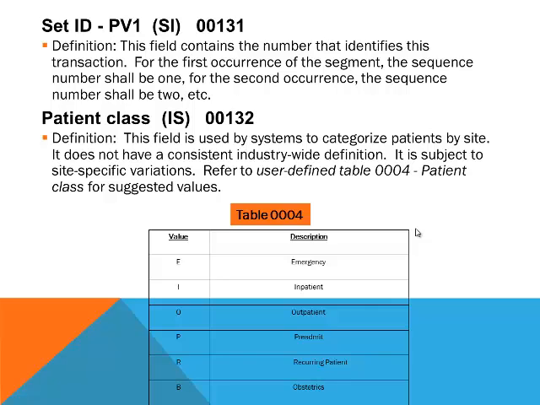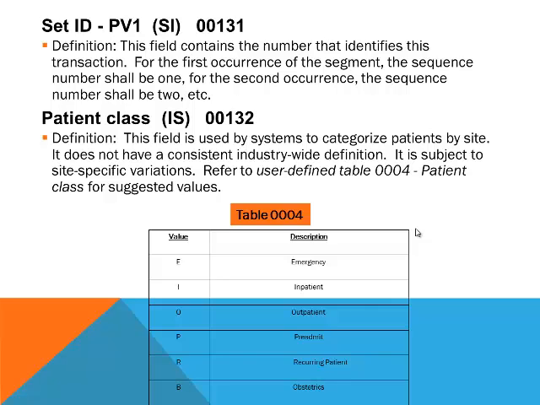For the first occurrence of the segment, the sequence number should be set to 1. For the second occurrence, the sequence number should be set to 2, and so on. So this is easily understood.